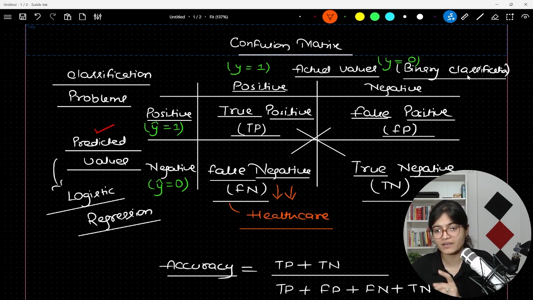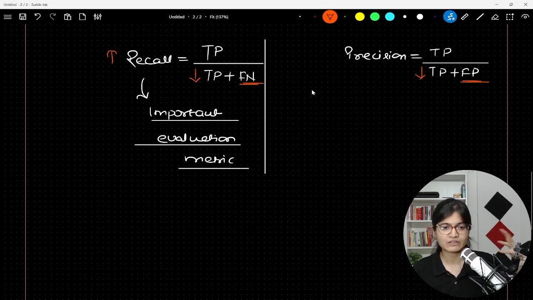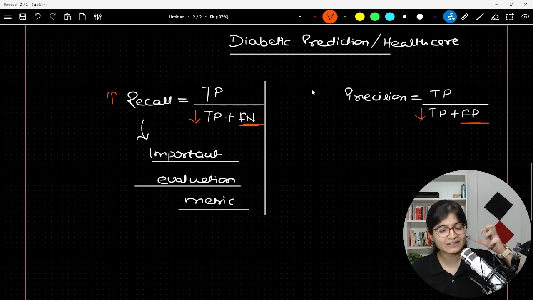That's more dangerous than the case where the patient does not have a diabetic issue but my model says that he or she does; maybe they will take more care of their health. That's better compared to the other situation. Although again, our major target is to reduce both FP as well as FN, specifically for healthcare, if someone asks which evaluation metric you will choose as a priority, your answer will always be recall.